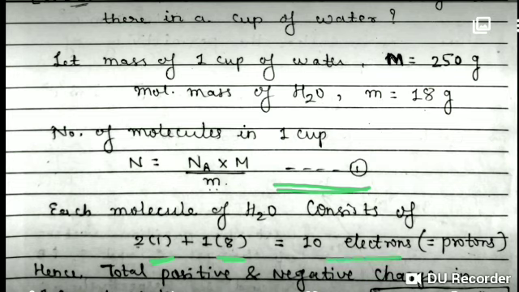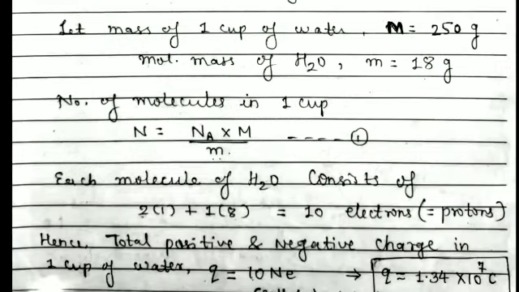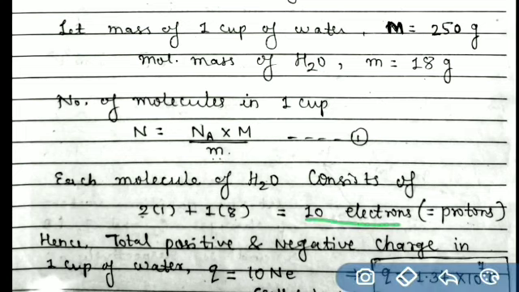Here I have shown that electrons as well as protons are same in any atom or in any molecule. So in this way we can find the total number of electrons in an H2O molecule. Now we have total number of electrons in one molecule of H2O, as well as we have total number of H2O molecules in a cup of water.